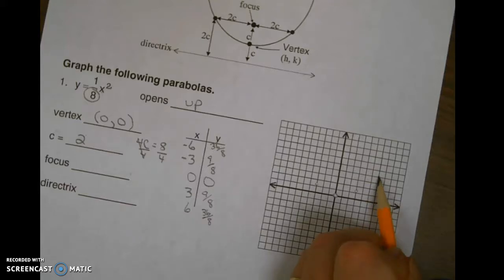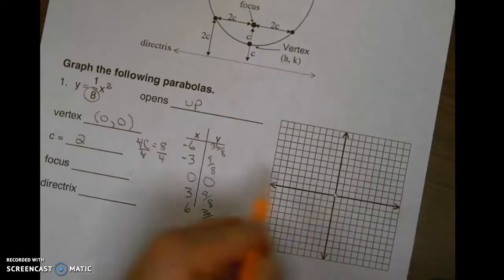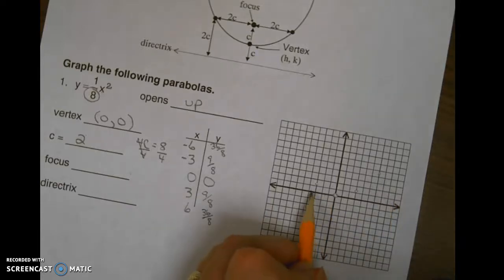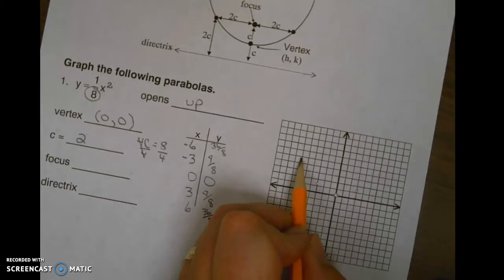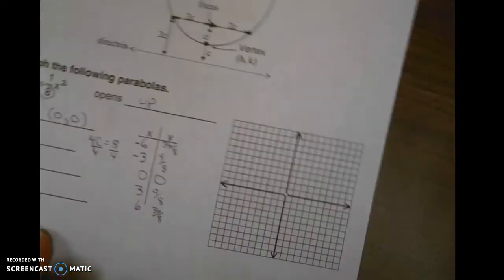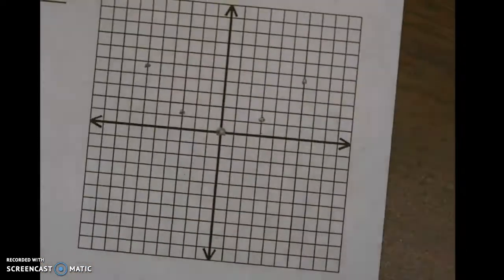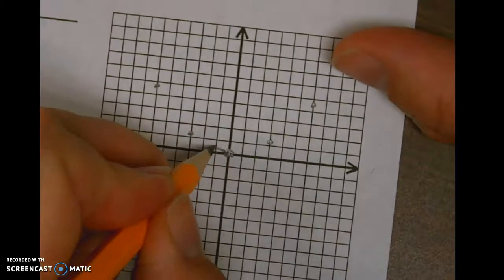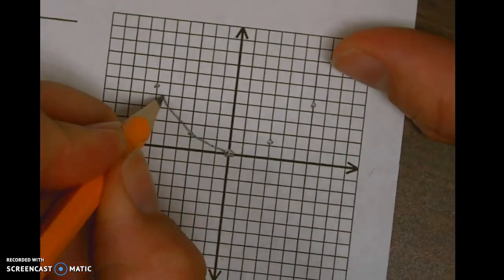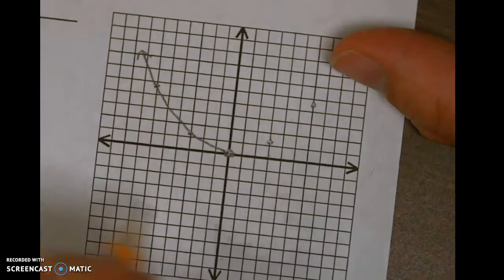And 8 times 4 is 32, so about half. Going the other way, 1, 2, 3, 4, 5, 6, 1, 2, 3, 4 and a half. So I kind of have to plan that out a little bit, spread it out, so I can make my parabola. Obviously it's a vertical compression, so it's going to be compressed.